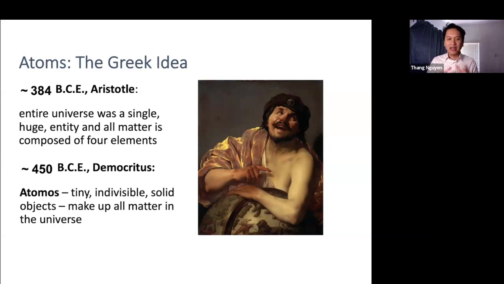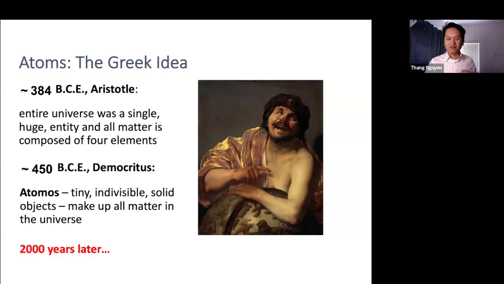Seeing him here, very happy and jolly, laughing. But it turns out at this time, philosophy is not quite a science. Everything that was known as true comes from just thinking about it. That's what Aristotle and that gang is all about. They didn't come up with a way to test their thoughts yet.